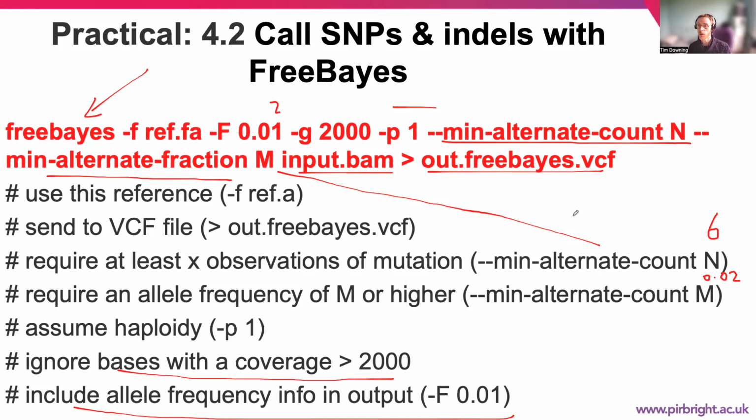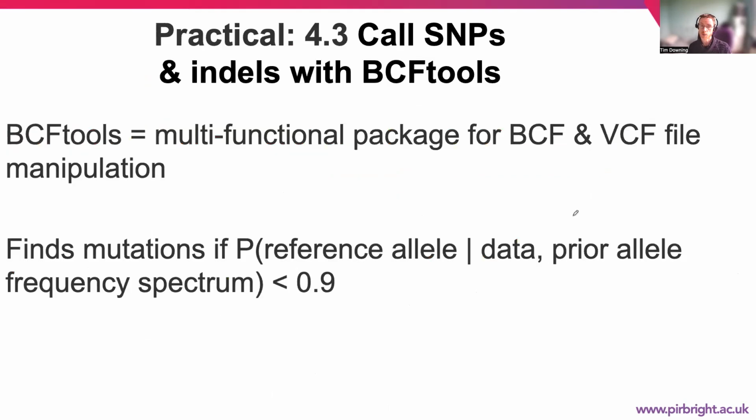In the same way, we're going to use BCFtools as well. That's a multifunctional package for VCF and BCF file processing. It uses a process of estimating the probability of having the reference allele given the data and the prior allele frequency spectrum. And if this probability is below 0.9, that might indicate a mutation.